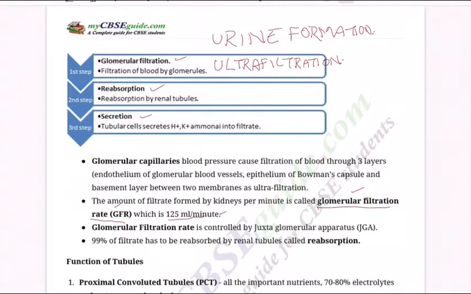As a consequence, urine contains mostly waste materials and excess water. About 65% of the glomerular filtrate is normally reabsorbed in the PCT, the proximal convoluted tubule, before reaching the loop of Henle.